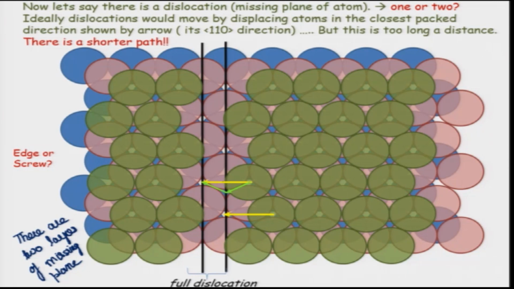So, ideally this is the Burgers vector that it should follow, but although this is the shortest vector in terms of the lattice parameter, there is still another shorter vector, and if you find the magnitude of this, you can very clearly show that it would be of the type a/6 <112>. We will come to that a little bit later.